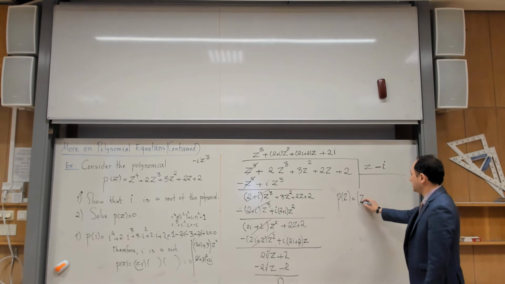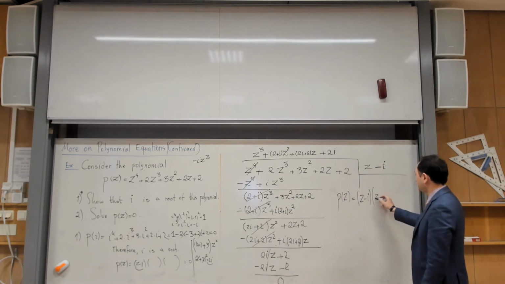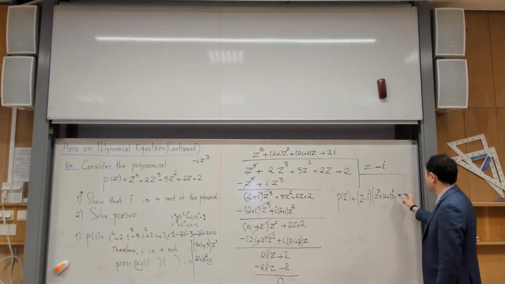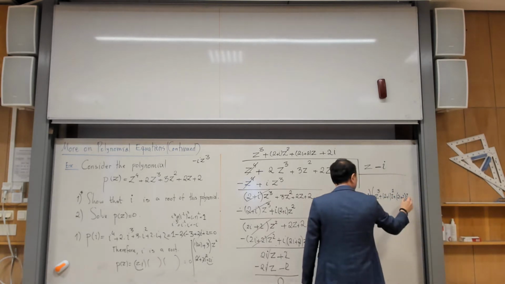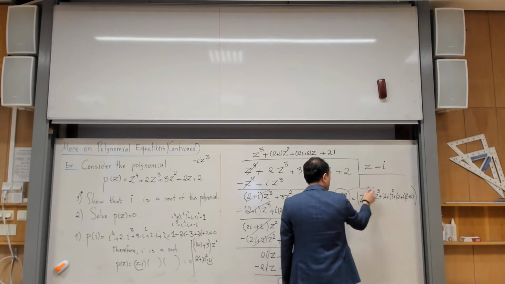So I just write z minus i times that expression: z to the power 3 plus 2 plus i z squared. If you want, you can also factor a 2 out. It doesn't matter that much. But let me just write it as it is. 2i plus 2, and then I have z, then I have plus 2i. And the whole expression. So I was able to factorize it.